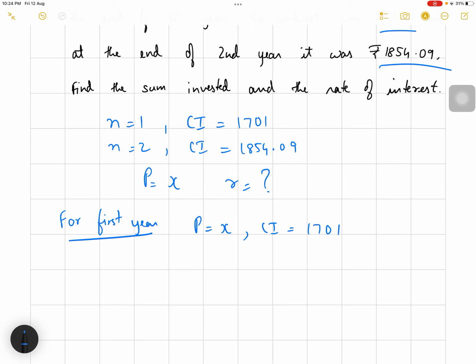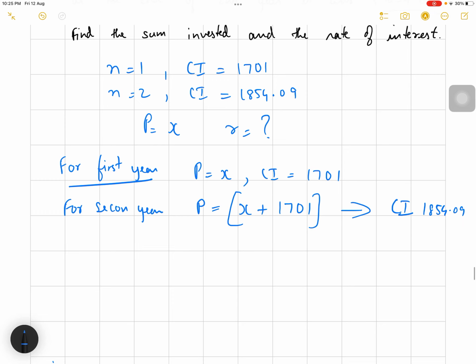For the second year, P is X plus 1701, that is the interest of the first year, and on this you are getting compound interest of 1854.09.